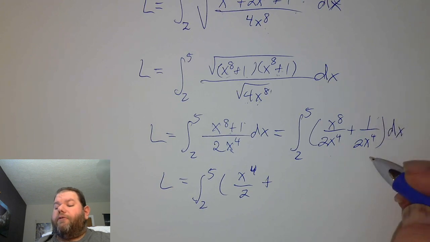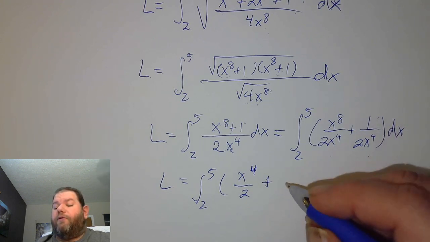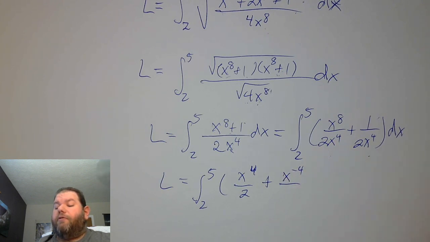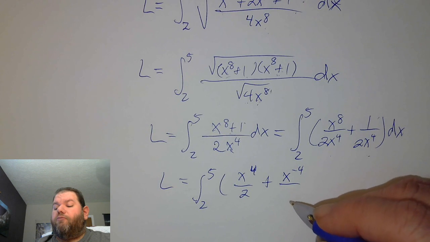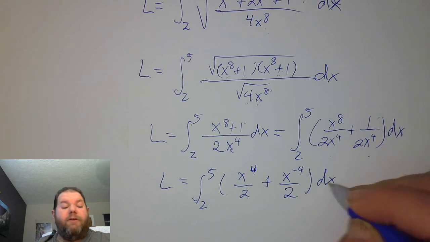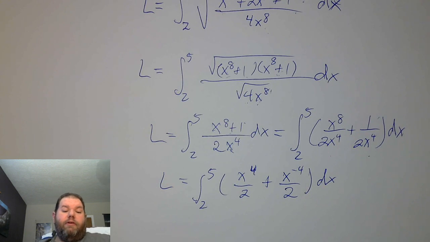And then for this other term, really it's just 1 over 2x to the 4th, so what we can write instead is x to the negative 4 over 2 dx. Finally, we can now integrate.